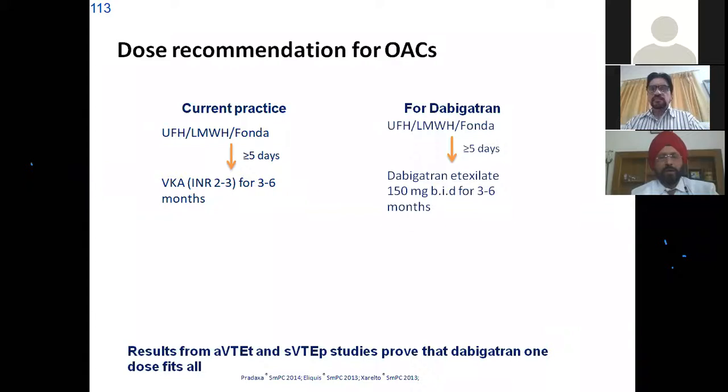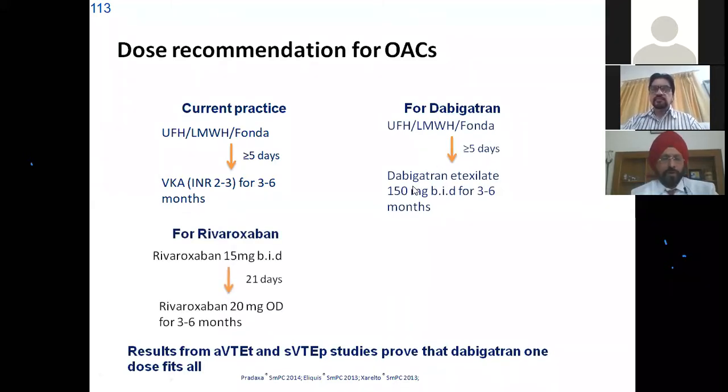Okay, now how do we use them? You start with a low molecular heparin or unfractionated heparin for 0 to 5 days, and then you shift over. Earlier, we used to shift over to vitamin K antagonist. Now you shift over to dabigatran after 5 days, 150 milligram BD. Or this is a very good change that you can, without giving the heparin, straight away give rivaroxaban 15 milligram BD for 21 days and then switch to oral.